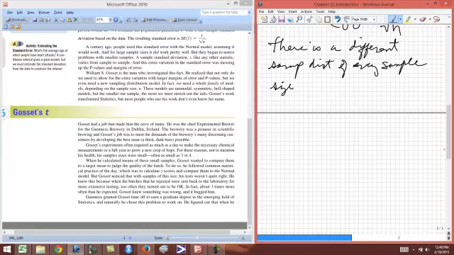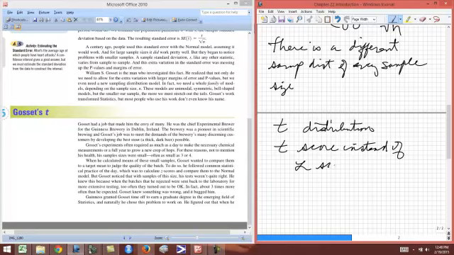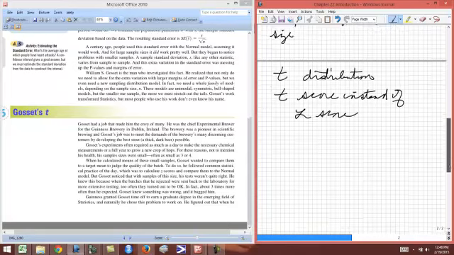Now, this is called the t distribution. You can read about why it's called the t distribution and everything, but know that it's called the t distribution. And instead of having a z-score, we now have a t-score instead of a z-score.